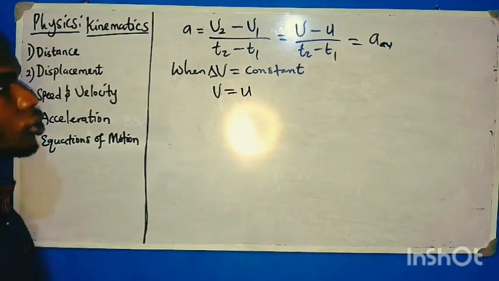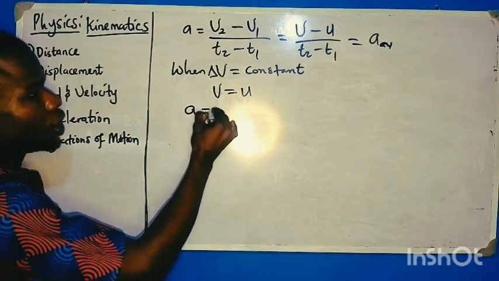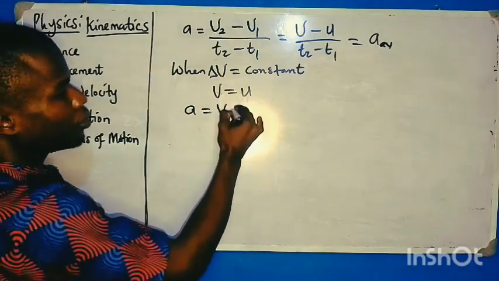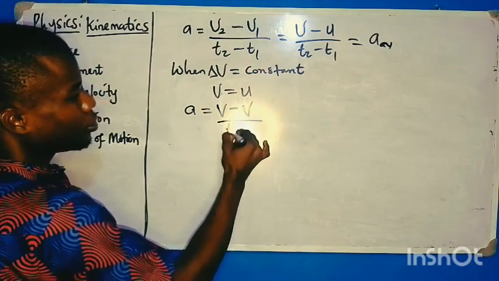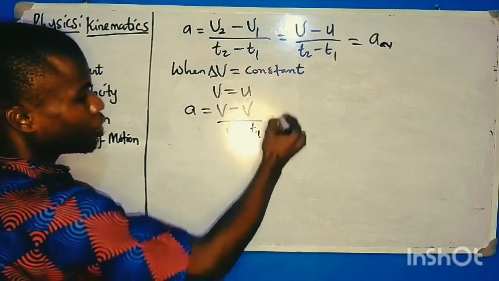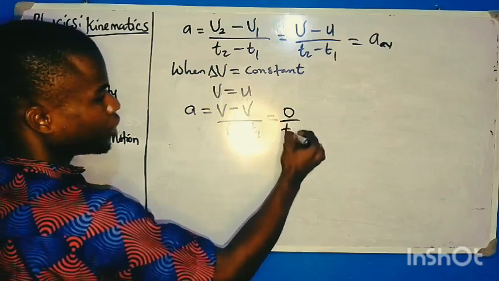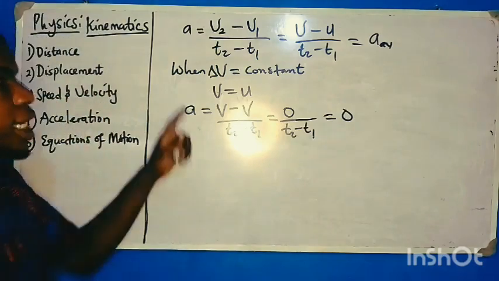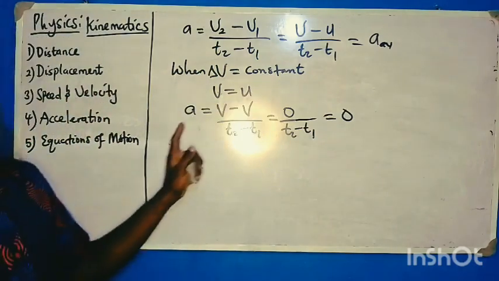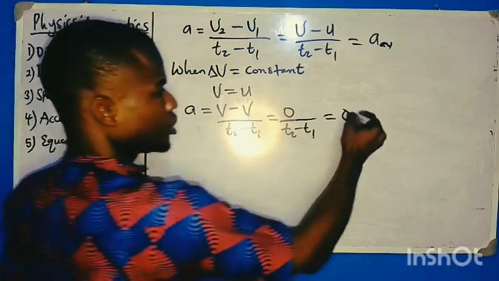So if v is equal to u, our acceleration is going to be v minus u, which is still v, all over t2 minus t1. That will give us 0 all over t2 minus t1, and 0 divided by anything is 0. So at constant velocity, our acceleration is always 0.